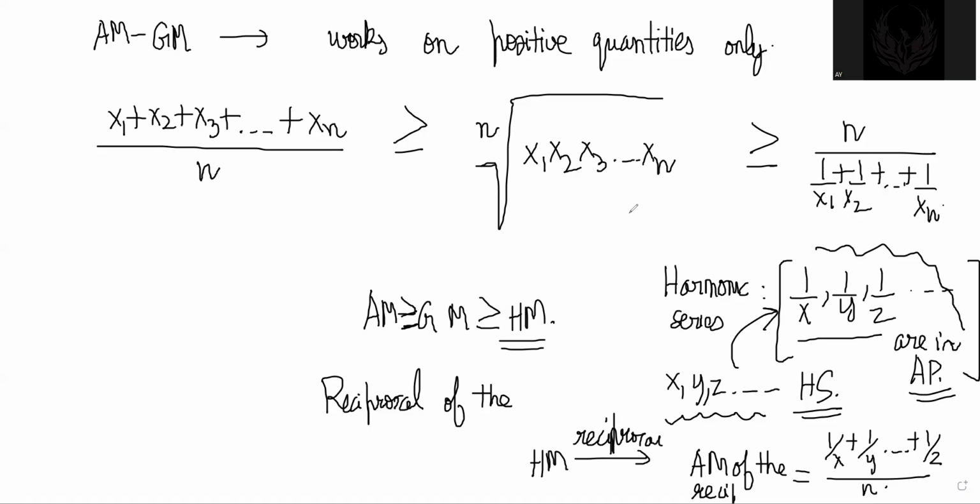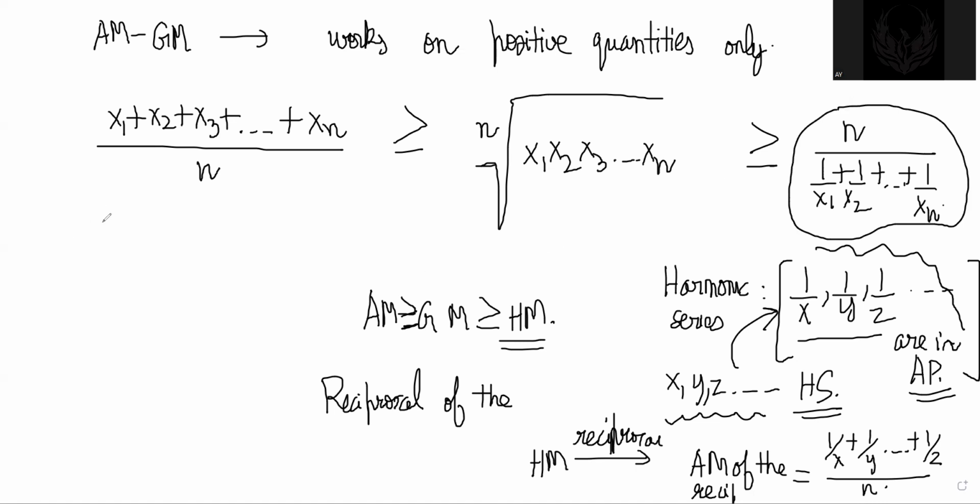We are doing the same thing, but for the reciprocal series, because that one was in AP. Once you have found the mean of the reciprocal series, the harmonic mean of the original series will be the reciprocal of that. So this is your HM of n things.